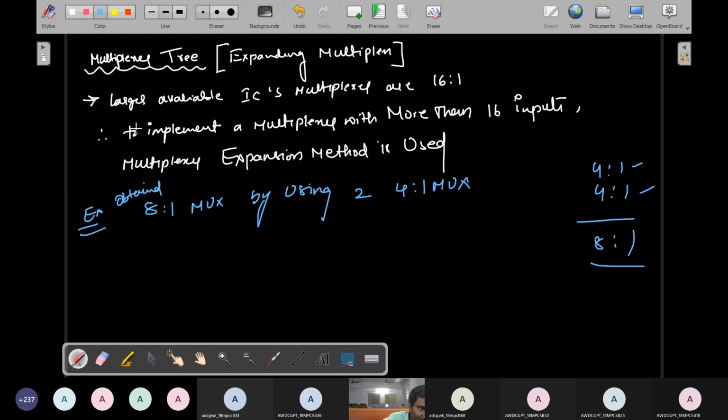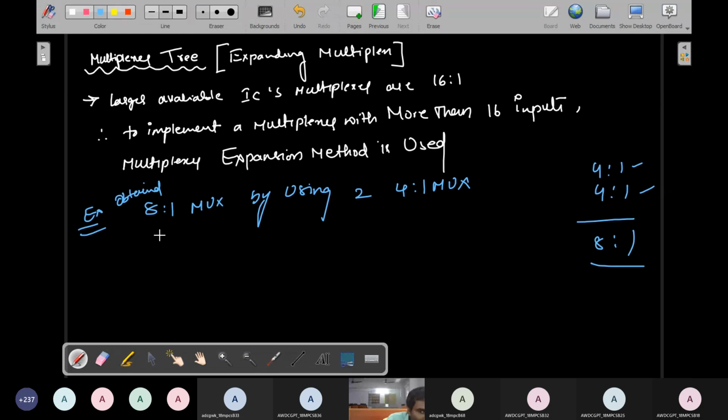Understand everybody? Generally the largest available IC in multiplexer is 16:1 only. If you want more than 16 inputs, what will happen? It is not possible to manufacture larger multiplexers. Therefore, to implement a multiplexer with more than 16 inputs, a multiplexer expansion method is used.